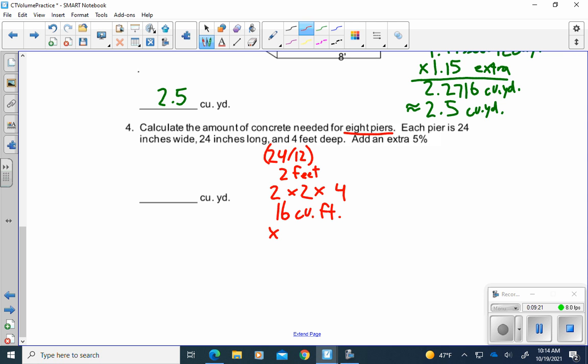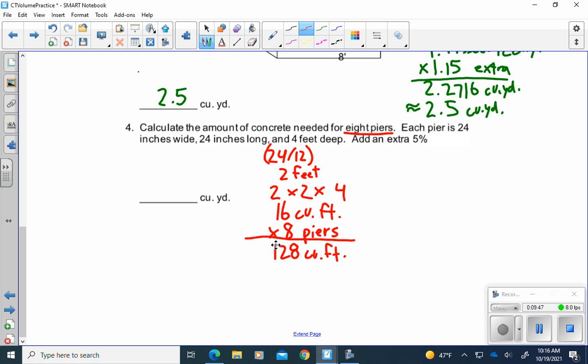So we'll multiply by 8 piers. And 8 times 16 gets us 128 cubic feet.